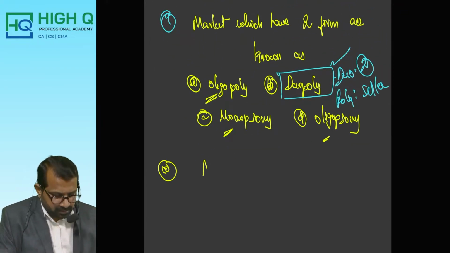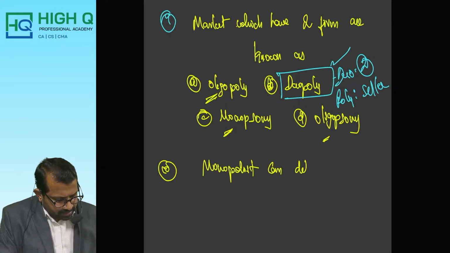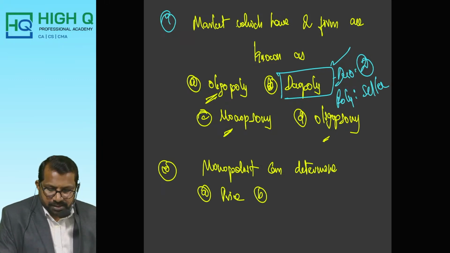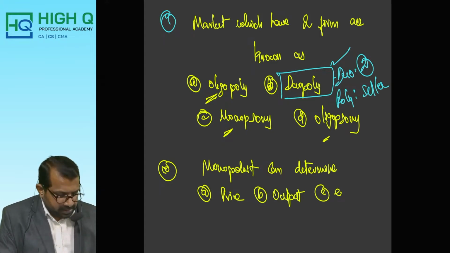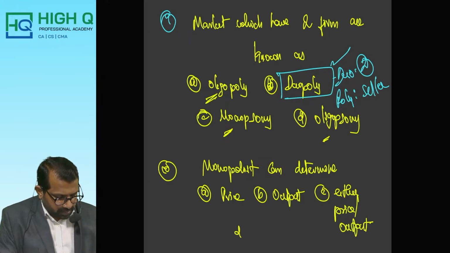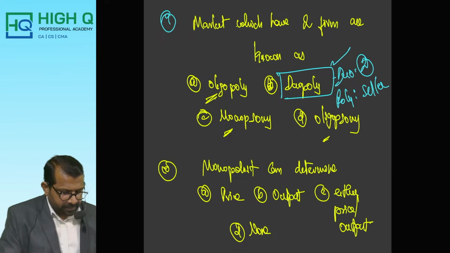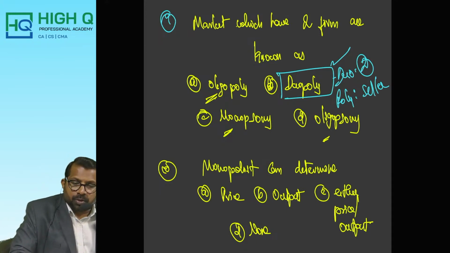Tenth one. Monopolist can determine A. price, B. output, C. either price or output, D. none. So a monopolist firm is the price maker.